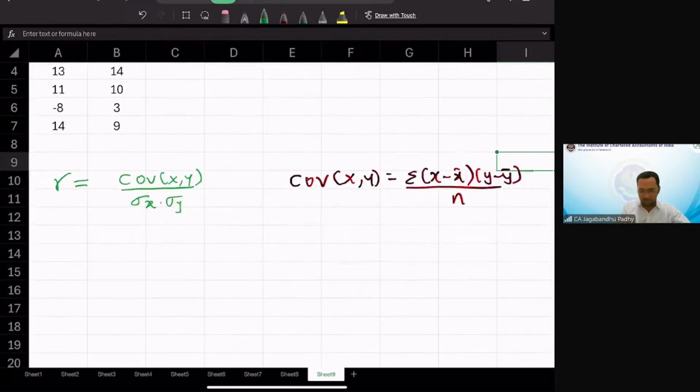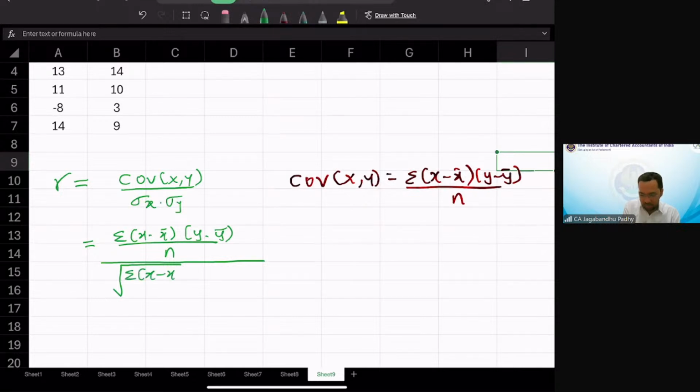If we substitute the covariance term over here, this will be summation of (x minus x bar)(y minus y bar) upon n, and then this whole thing divided by the standard deviation of x. We know the formula for standard deviation of x: it is the square root of summation (x minus x bar) square upon n, and then the square root of summation (y minus y bar) square upon n.